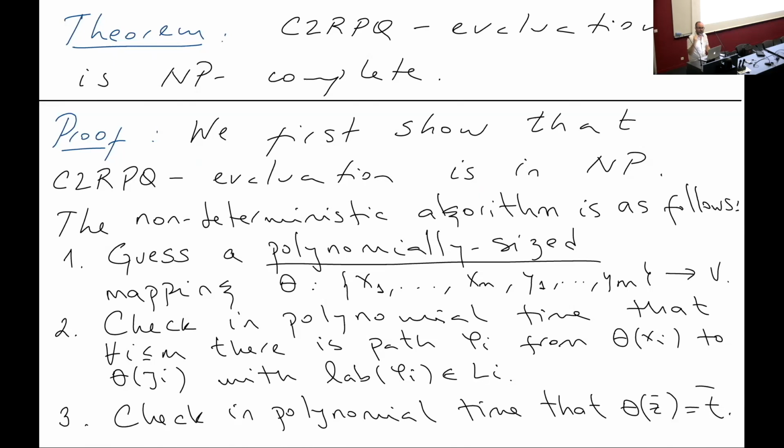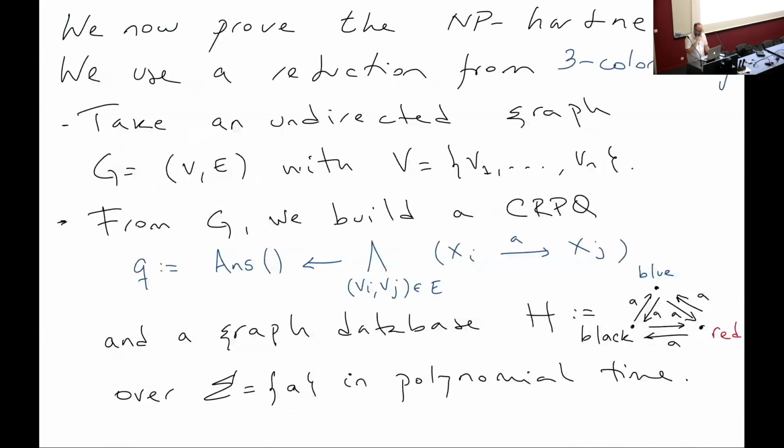But when you move to conjunctions, for the arbitrary path semantics, things become NP complete, and that's based on the presence of variables. Why is it in NP? Well, it's simple. You just have to guess a matching from the variables into the graph database, and then you check each regular path query in isolation from this matching, which can be done in polynomial time.